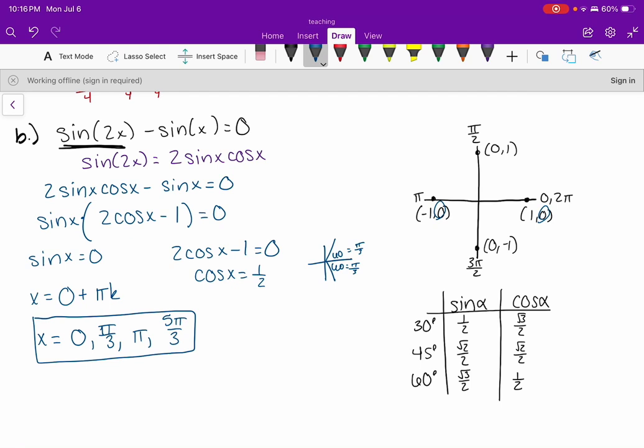The pi over 3 and 5 pi over 3 are coming from the cosine equals 1/2. In degrees, which I don't mind if you leave it in degrees, it would have been 0 degrees, 60 degrees, 180 degrees, and 300 degrees.